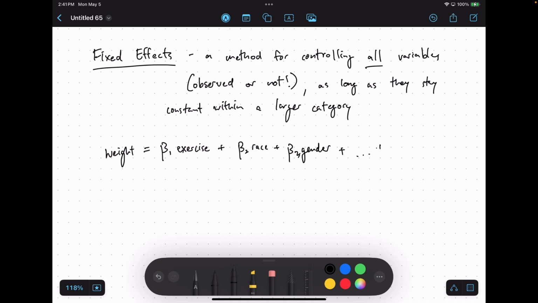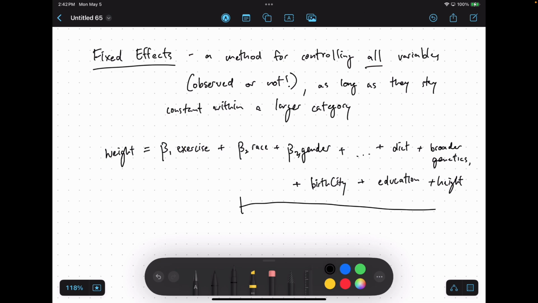So diet, so I'll say broader genetics. You could say their birth city, the amount of education that they have. Yeah, sure, height. Okay. And so we've come up with a kind of broad list of individual factors. Okay?